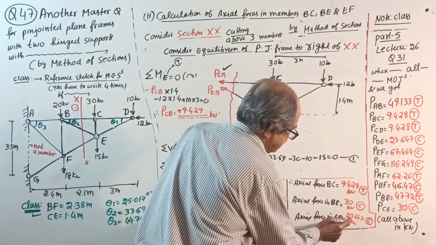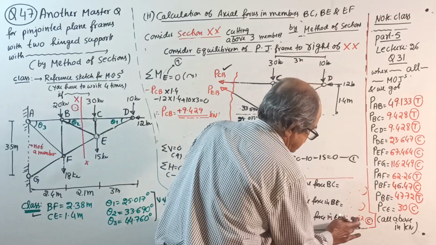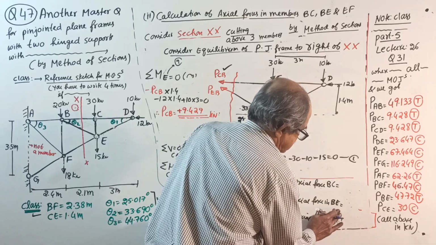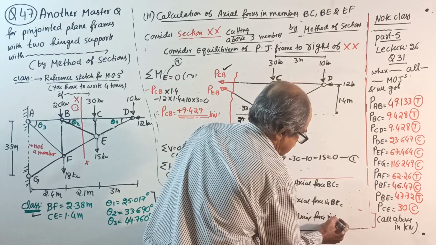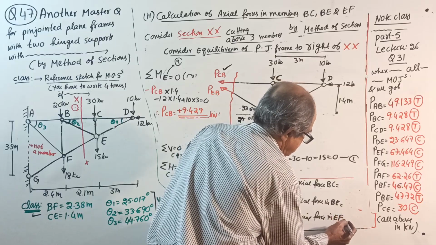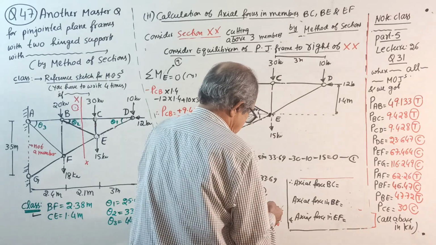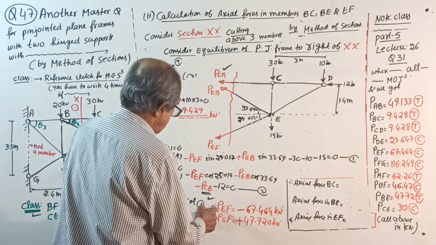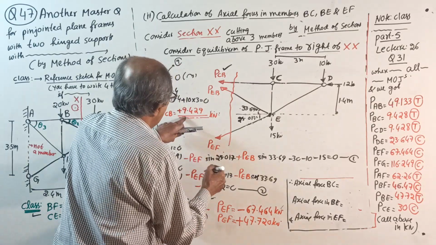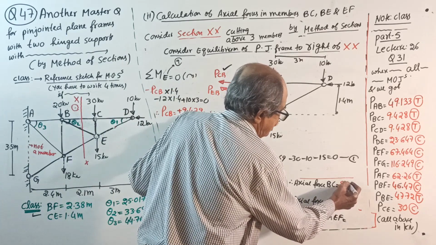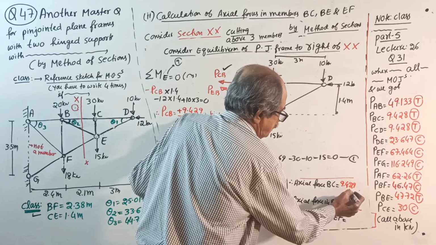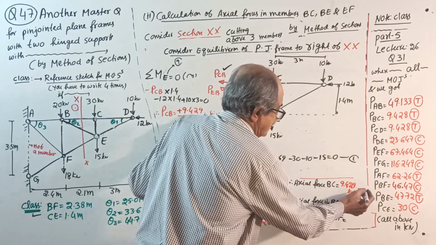EF. Presentation. First answer. Therefore, final answer. Force in BC. BC is PCB. Where is PCB? 9.429 kilonewton, tension.